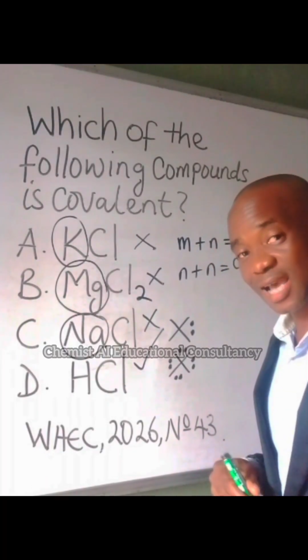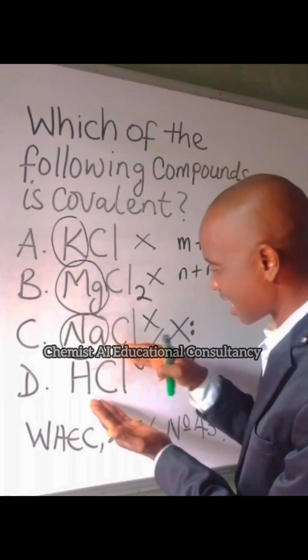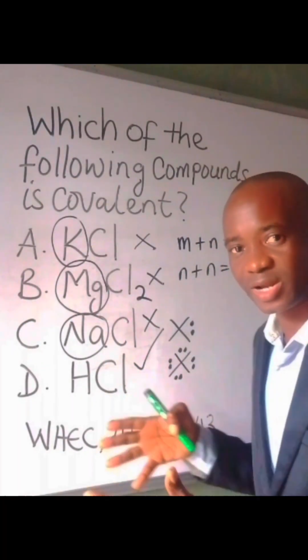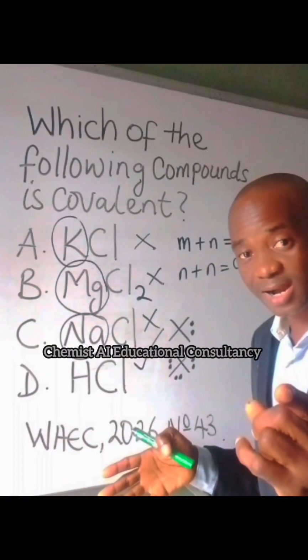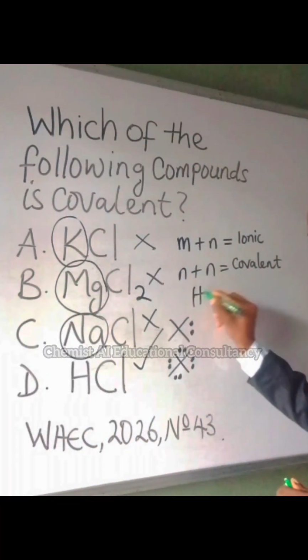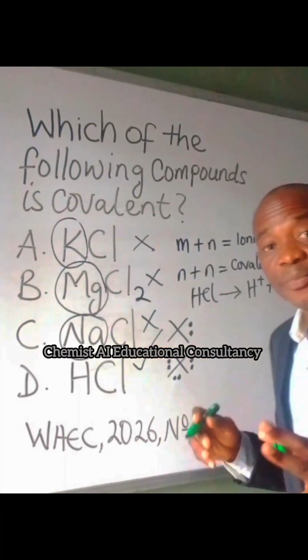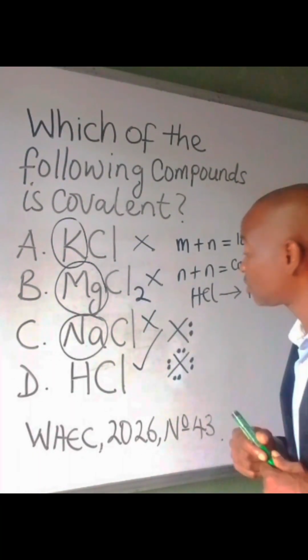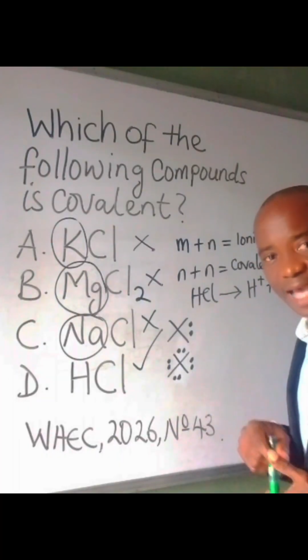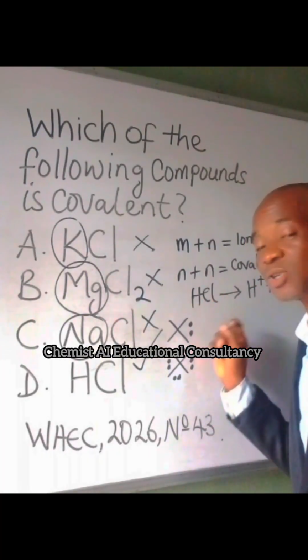But wait a minute, I know you will argue that hydrogen chloride is ionic when dissolved in water. You are right. When hydrogen chloride dissolves in water, it releases hydrogen ion and chloride. But the release of ions does not make the bond ionic, though the bond has some ionic character.